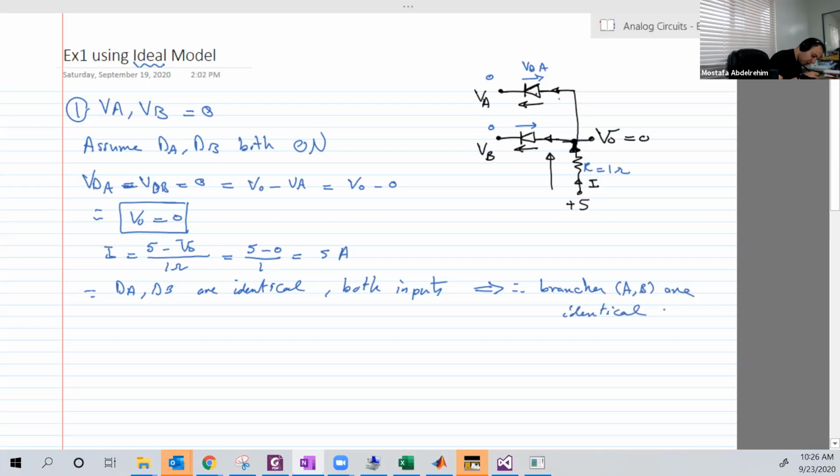So I equals IA plus IB, but IA is equal to IB now. So both are equal to I over 2, 2.5 amps, positive and flowing in that direction.